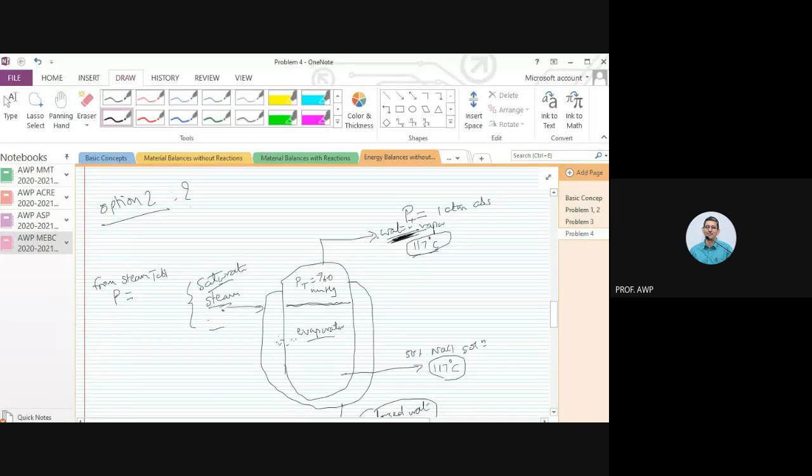One option, can we not compress this to 3.3 bar and then mix it with this? That way, the amount of fresh steam that I will require will be less, because anyway, this is 94 kg per hour, isn't it?